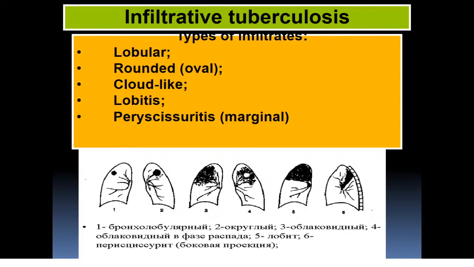Therefore, one border of this infiltrate is not clear. The other border is clear because it is limited by the visceral pleura. And you can see this type of infiltrate in the sixth picture.